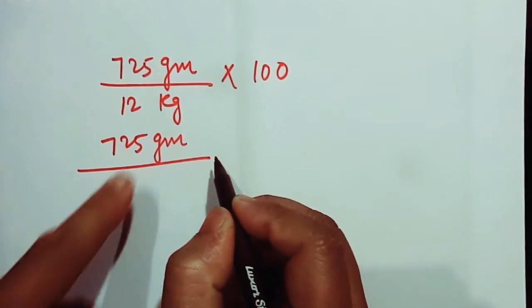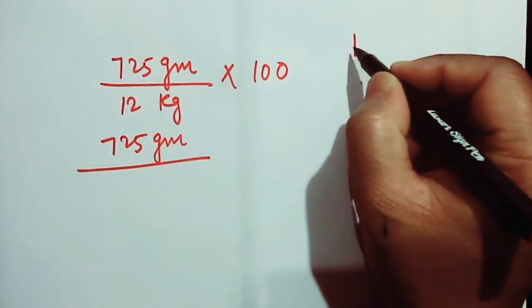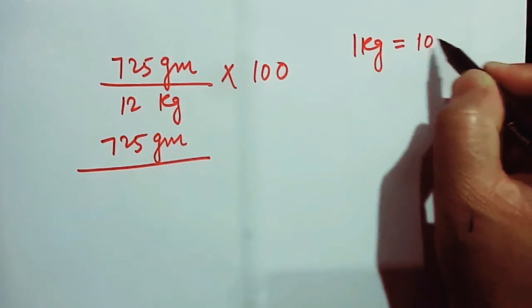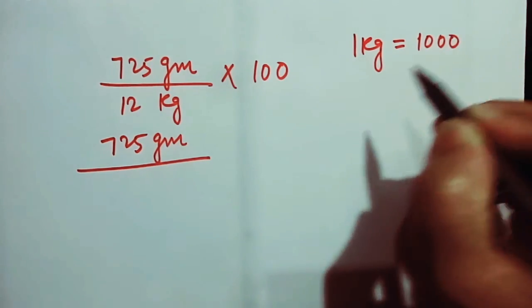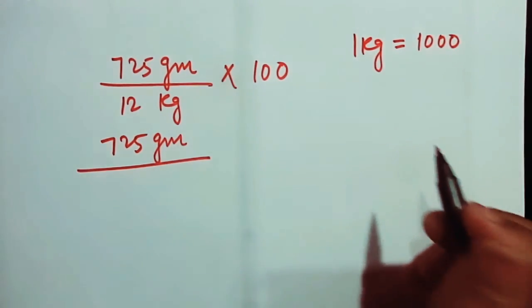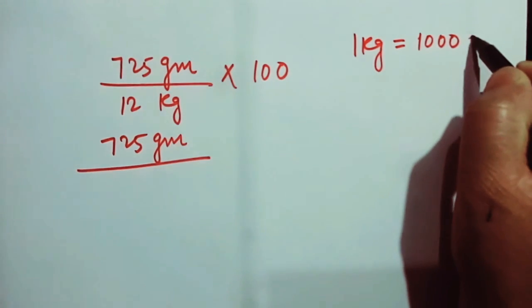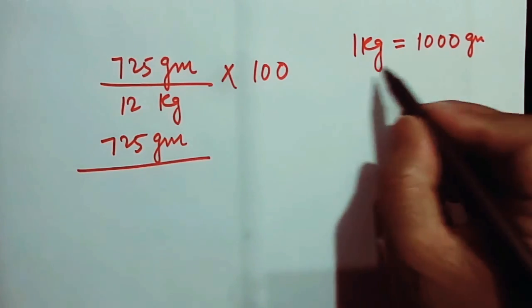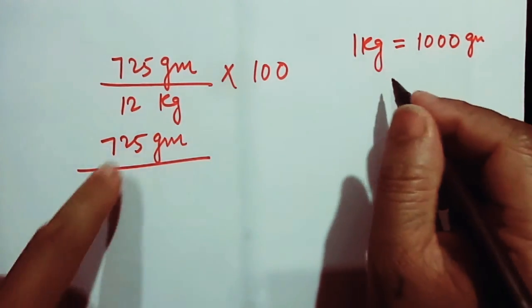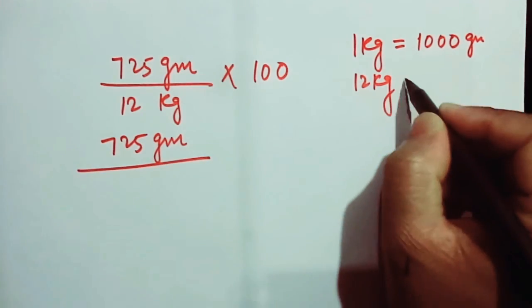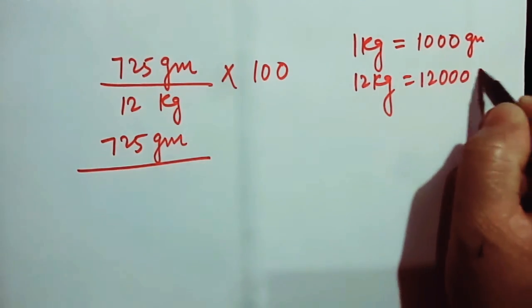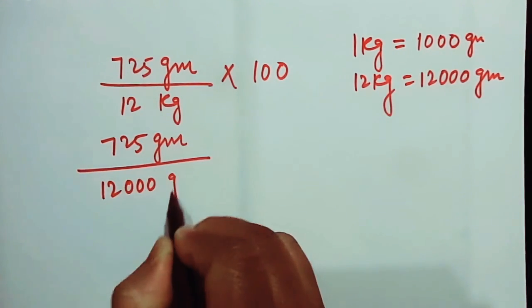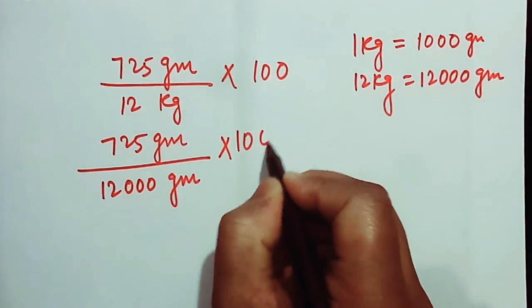We have to convert this kg into gram, and you know that 1 kg is equal to 1000 gram. Therefore, 12 kg will give you 12,000 gram. So I'll write 12,000 gm multiplied by 100.